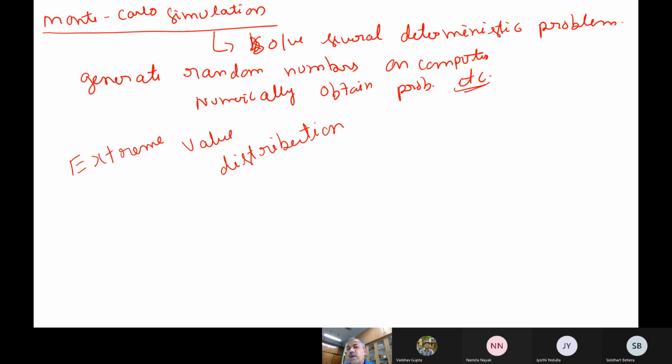This is a very important thing we will be using in our reliability theory also.